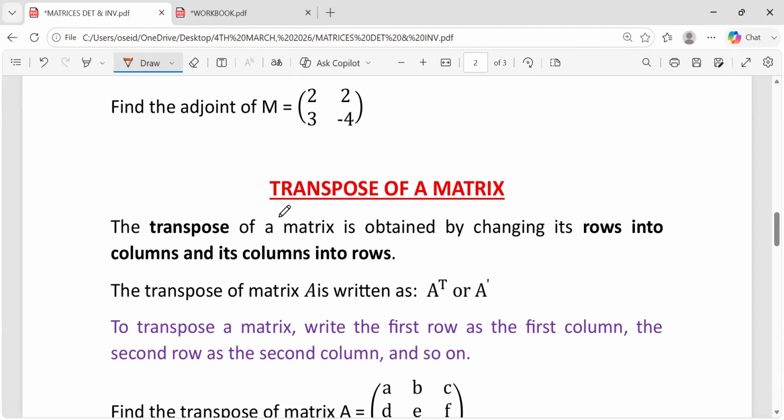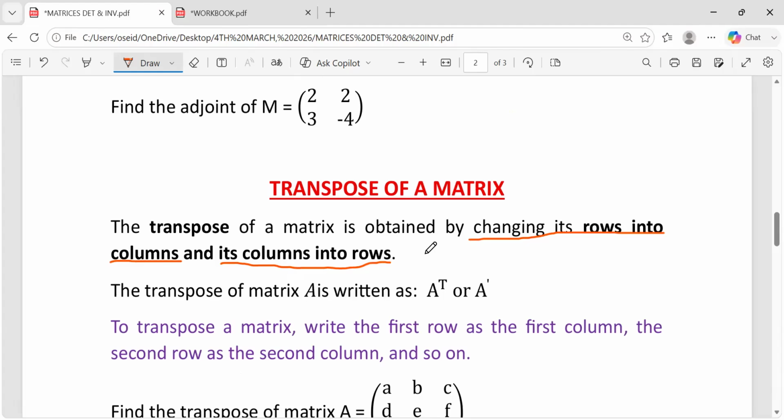So to transpose a matrix, it is obtained by changing its rows into columns and its columns into rows. That's that.